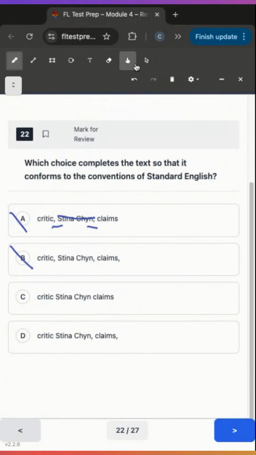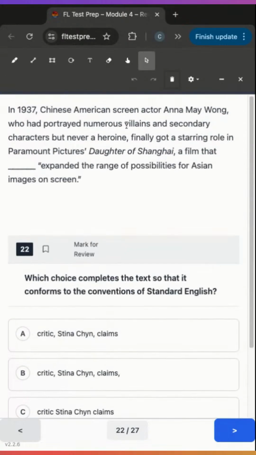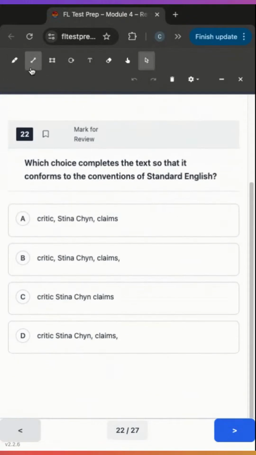So let's take a look back in the passage. A film that critic Cynthia claims expanded the range of possibilities. Okay, perfect. So if I see a clause offsetting a piece of the passage, that means it's claiming that part of the passage is not essential. Well, actually, hold on. I'm a dingus.